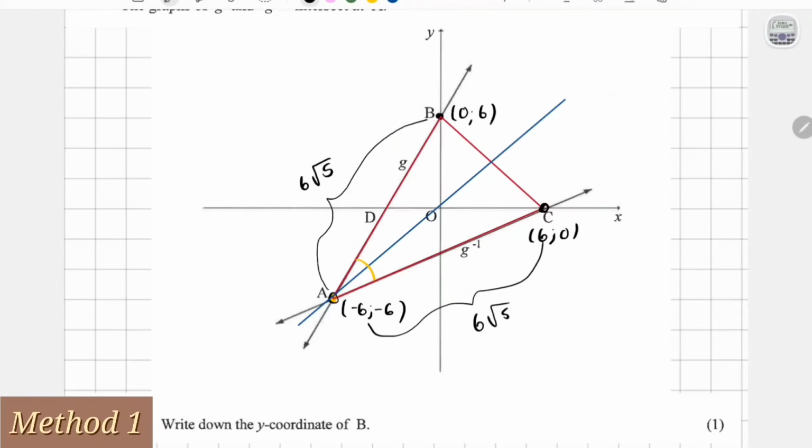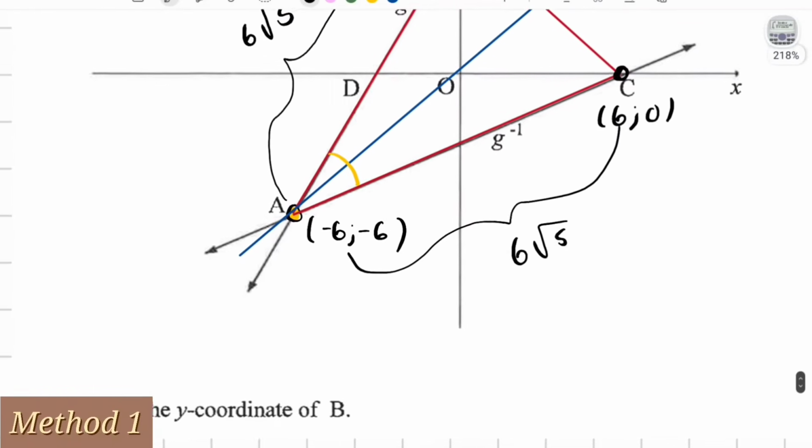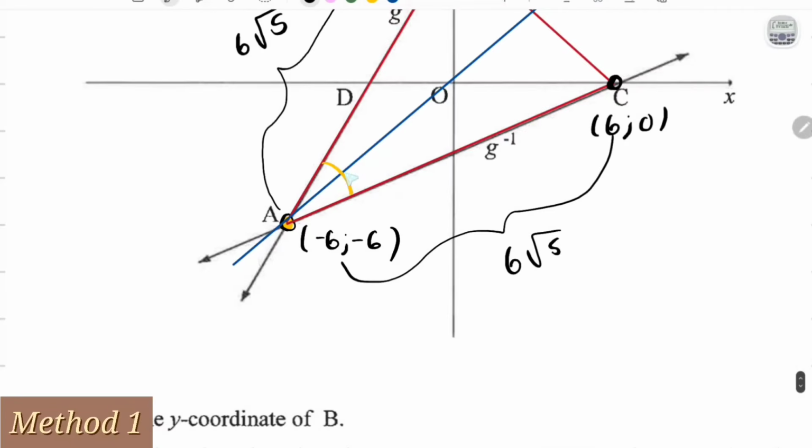Now to do that, we have to use angle of inclination. Let's just see how this angle is formed. It isn't just formed by finding the angle of inclination of something. First of all, we have to draw an imaginary x-axis. So if we do that, let's see how this angle in yellow is formed.